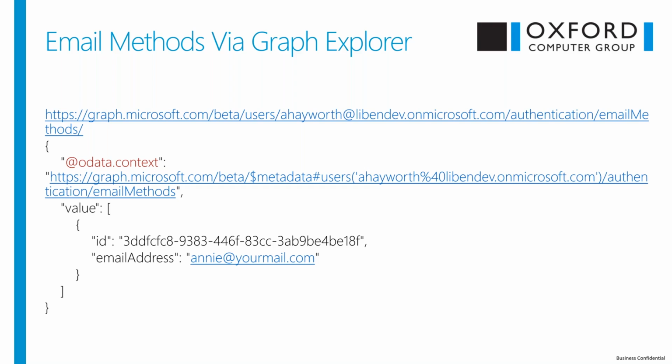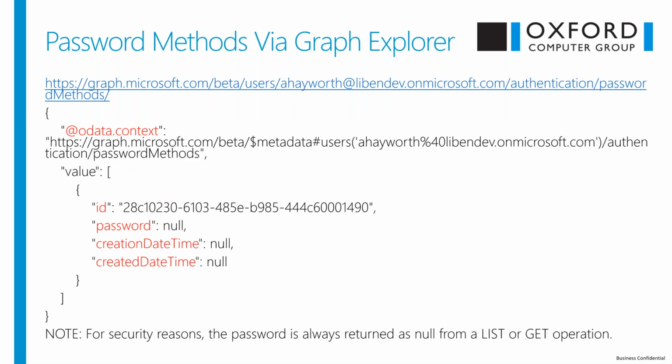That ID number, that 3DDFC, is actually the Azure object ID for Annie up in Azure. So that's why it's coming up. Even though we like to use user principal names because they're easy to read, Azure, Graph, and everything just really like to have that ID in there.